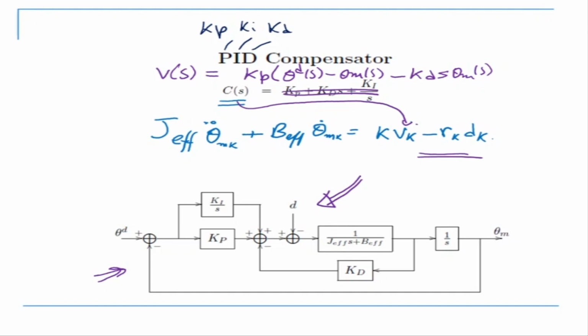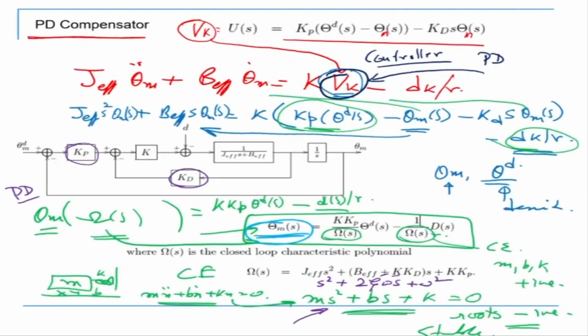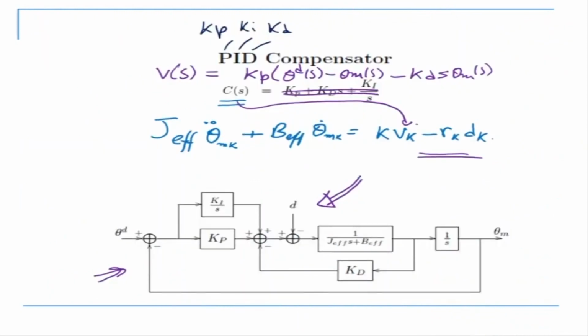Yeah, so this is my PD controller. From here I'm adding one more term. Here I'm adding minus Ki, the integral gain, into theta ms. This part I'm adding for the I part. So that's P, that's D, that's I. What I'm doing here is adding minus Ki by s into theta ms.